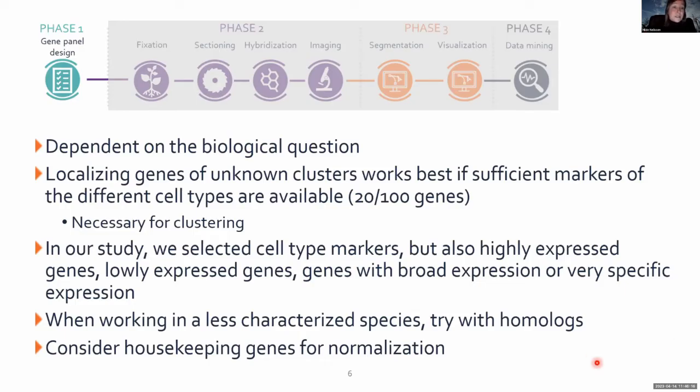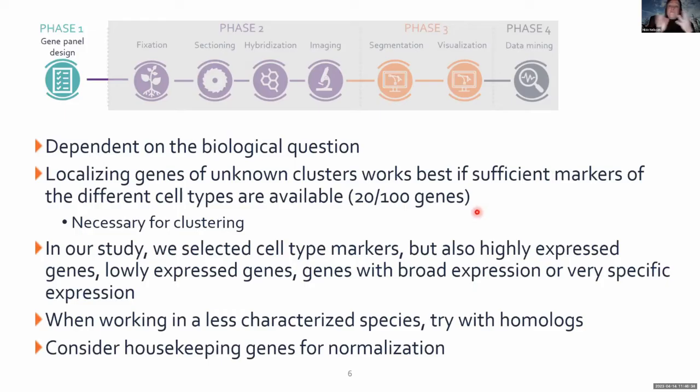And I think especially the targeted approach is quite good for this because you can really select the top 10 genes of your clusters. However, even when you do this, I think it is still important to include sufficient markers of the different cell types, especially when they are known.